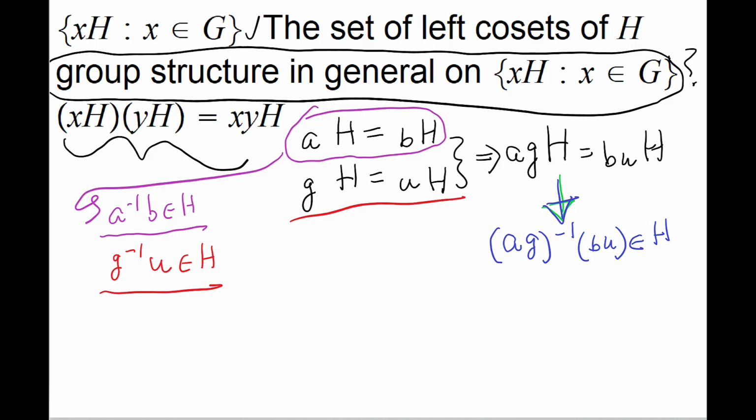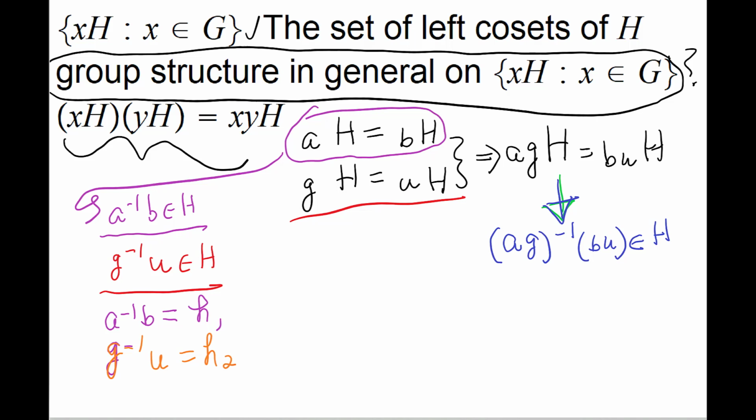Okay. So what we have is a inverse b as say h1, and g inverse u, this is say h1 and this is say h2.